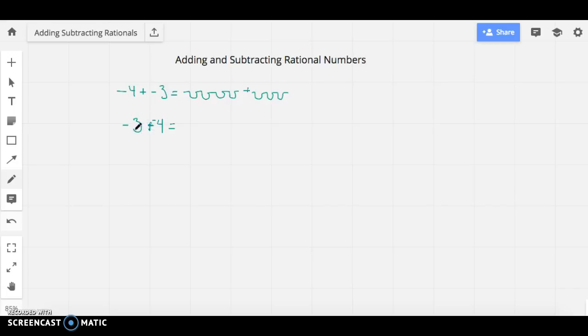So this is 3 holes plus the opposite of 4 piles, or the opposite of 3 plus the opposite of 4. So if you notice, these two are going to be equivalent. They are the same because of that commutative property of addition, which is great. So this is going to give me the opposite of 7.